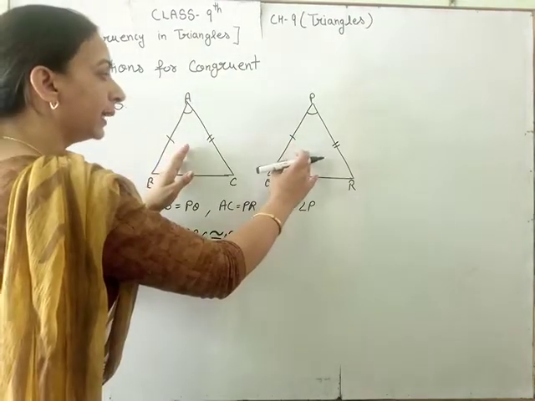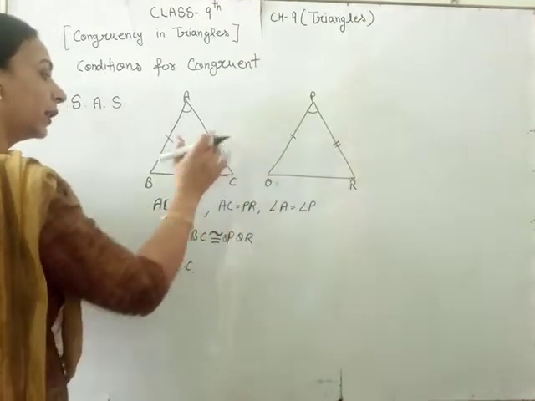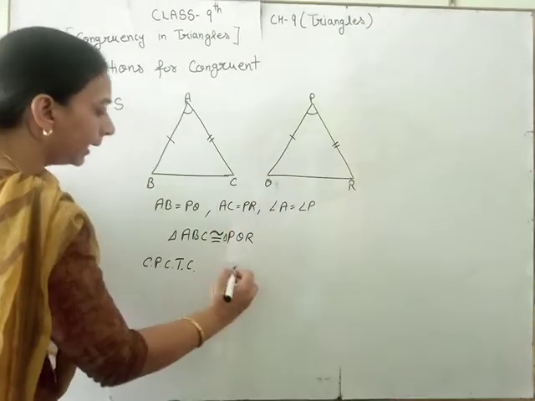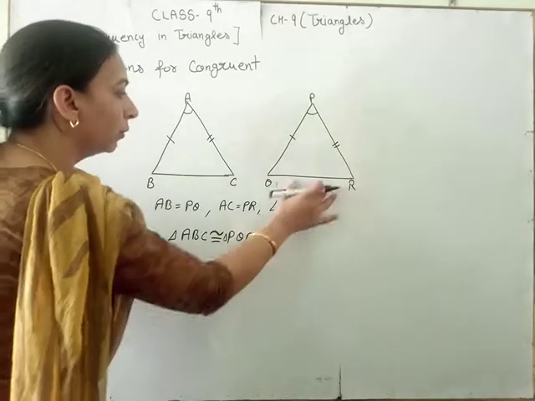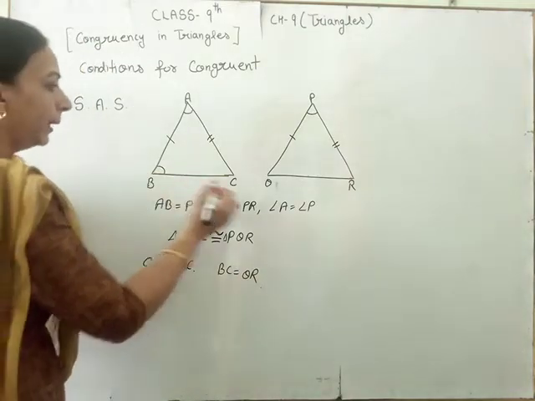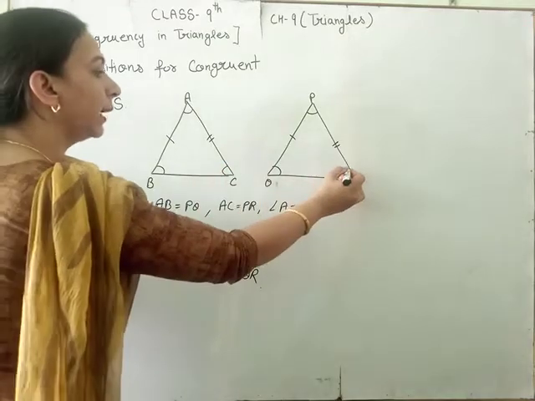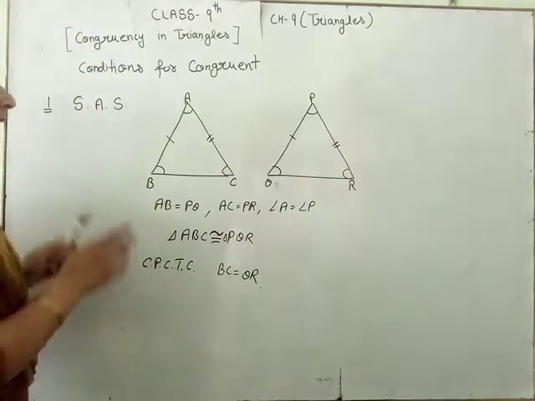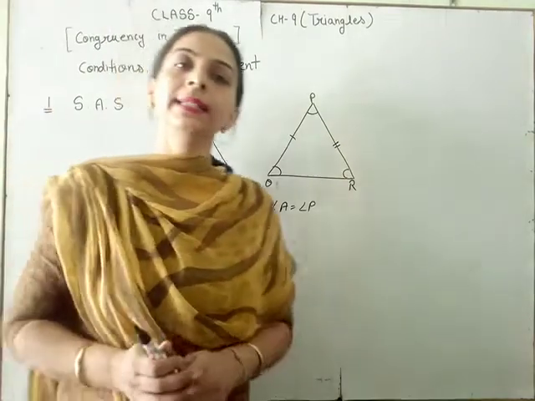If two triangles are congruent, then these two sides are also equal. Then the other side BC, by CPCTC, BC equals QR, and the remaining angle B equals angle Q, and angle C equals angle R. Okay, students, this is the condition SAS. Next I will take the next condition.